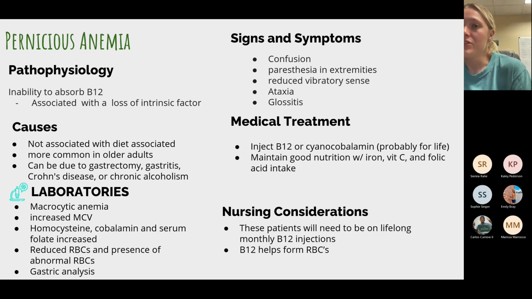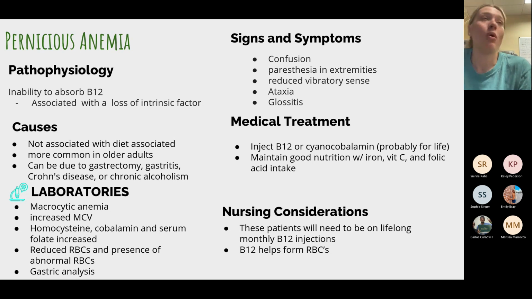Pernicious anemia is caused by the inability to absorb B12. B12 really works hand in hand with ferrous and other things to help form new red blood cells. The funny thing with pernicious anemia is that it's not a dietary situation. It's just that my body physically can't absorb it.